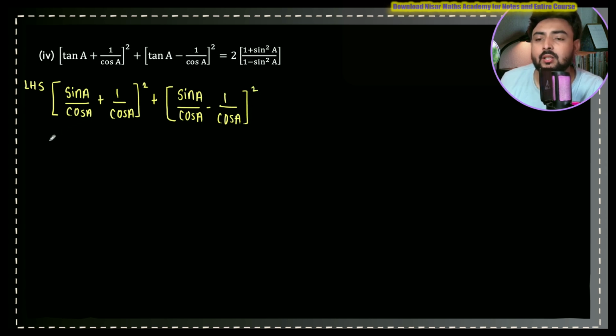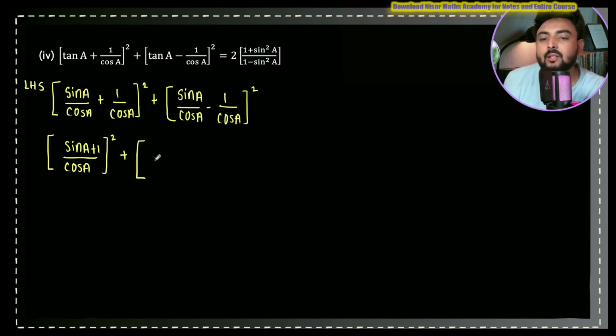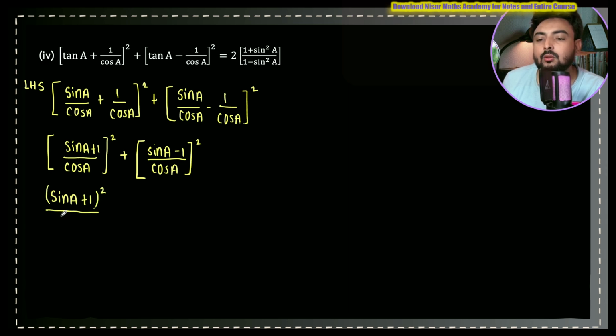Okay, now here the denominators are same, so I'll write the denominator once. I'll be getting cos a, sin a plus 1, and here also denominators are same, they are like fractions. When the denominators are same, we write the denominator once. If addition is there, do addition in the numerator. If subtraction is there, do subtraction in the numerator. Then I'll separate the powers. It will be sin a plus 1 whole square upon cos square a.